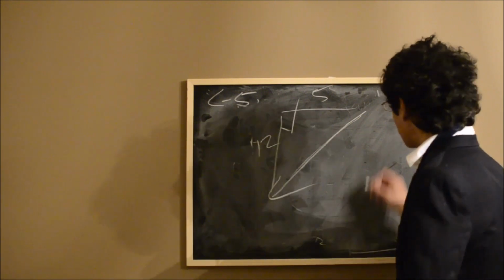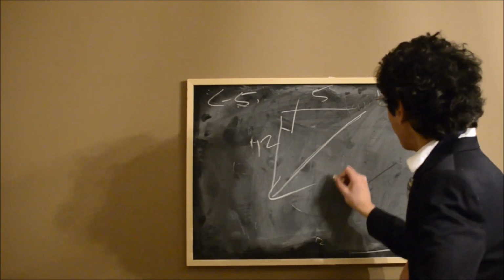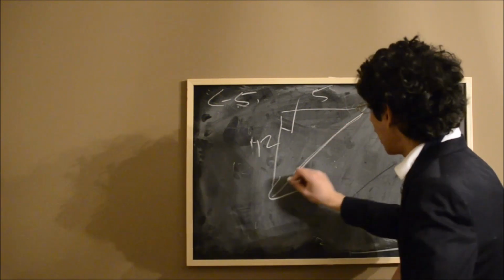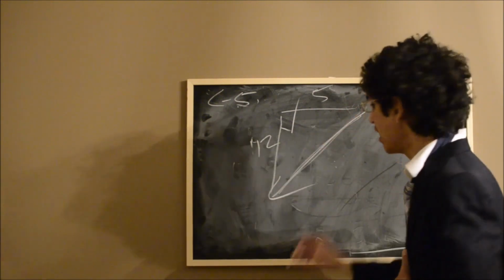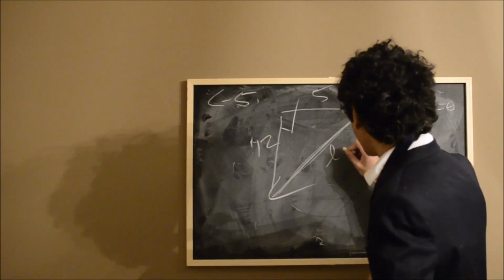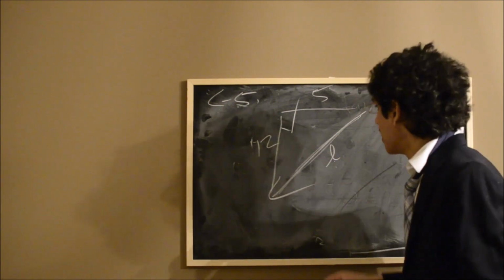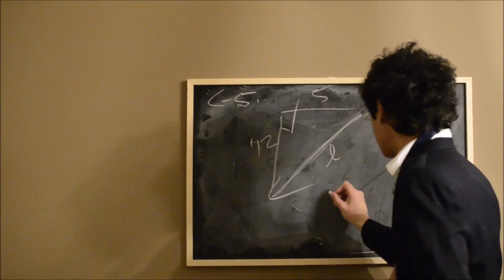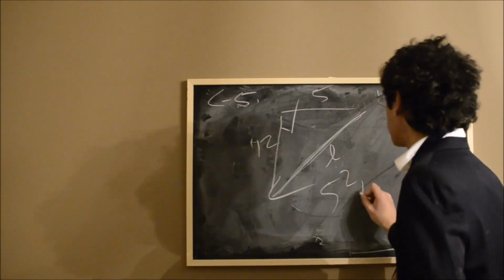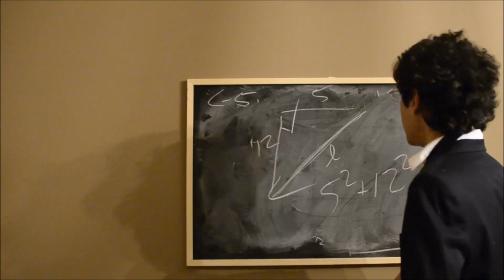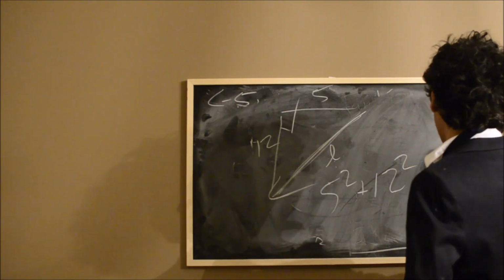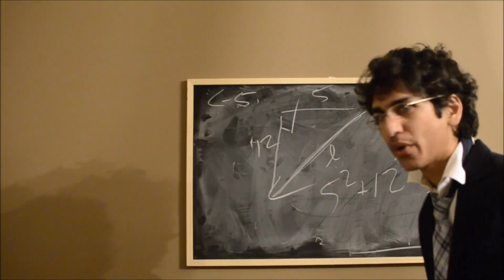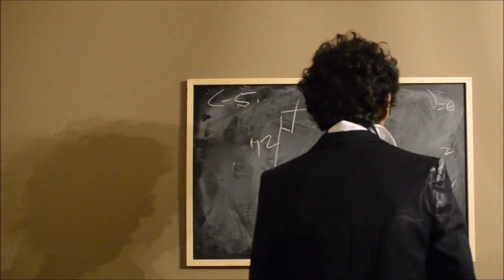We use the Pythagorean theorem. So we treat this as the length of the hypotenuse, this length right here. We'll just call that L. And we will now plug that into the Pythagorean theorem. What do we get? We get 5 squared plus 12 squared is equal to L squared, where L is the magnitude of the vector in question.